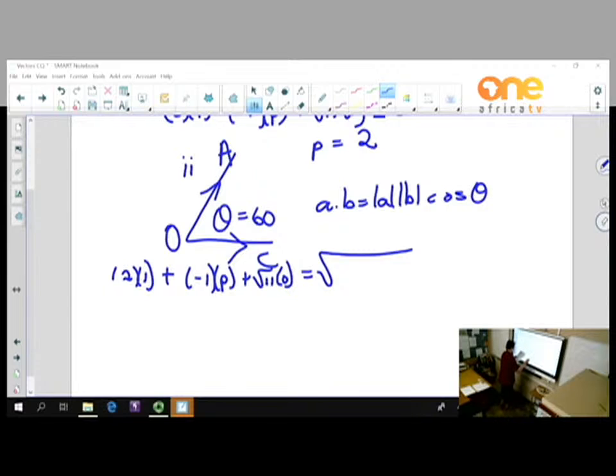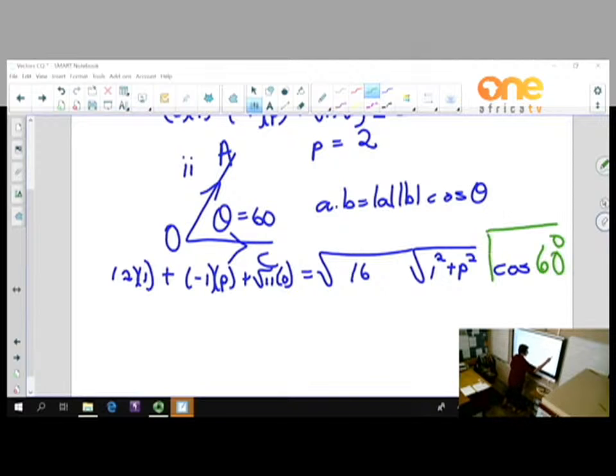So the first one, OA, is the square root of 16. And then OC is then the square root of 1 squared plus P squared. And now we substitute here cosine. We have the value of theta, which is 60 degrees. And if you press your calculator now here, you're going to see that cosine 60 is a half. I get a value of half for that one.